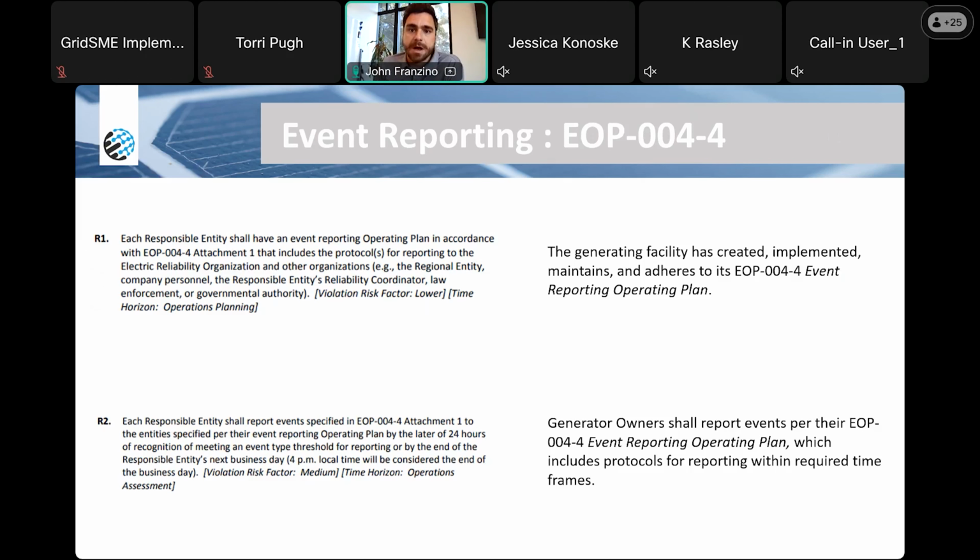But otherwise, really the same requirement to have that plan and understand the threshold for reporting and be able to report that to the necessary entities. So you have to have the plan in R1, and then you have to report events that meet the reporting threshold no later than 24 hours after identifying that the event met the threshold.